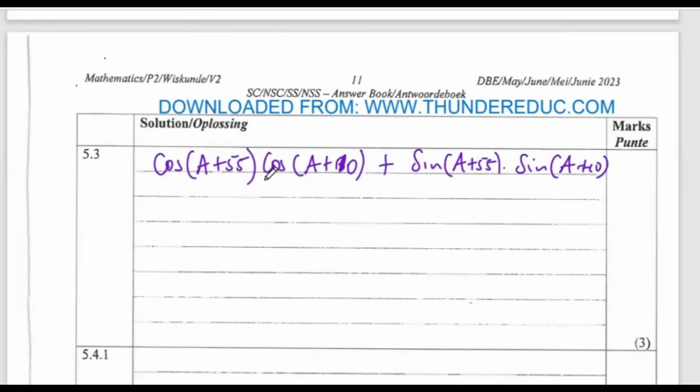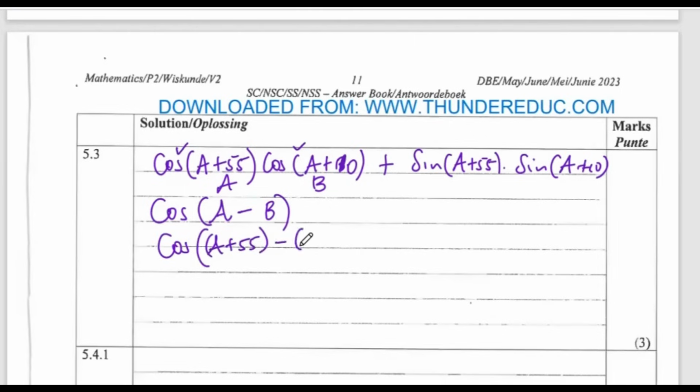So from the compound formula, I can see that we are combining just cos. So if that is my A and that is my B, if I have the cos of A minus B, that's when I can expand this whole kind of thing. I have cos plus, then this minus in between. So I'm going to have cos, this is A plus 55 minus the A plus 10.